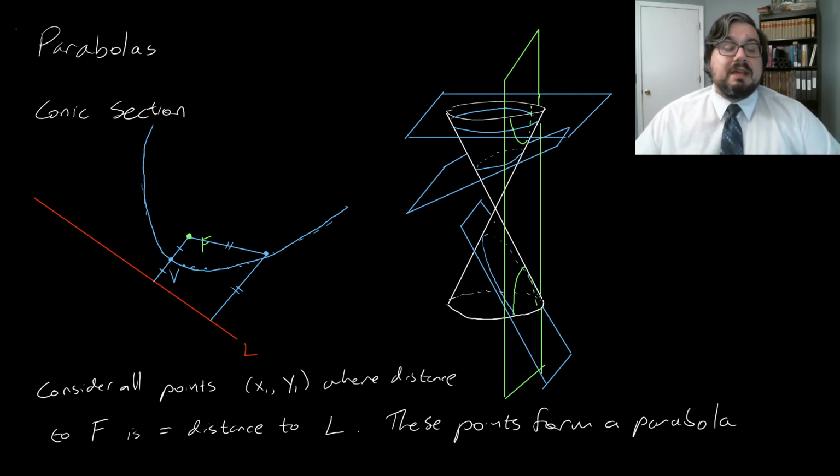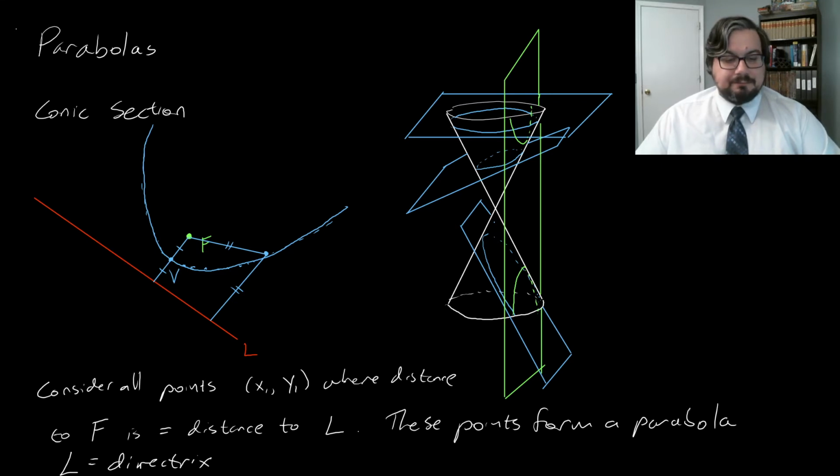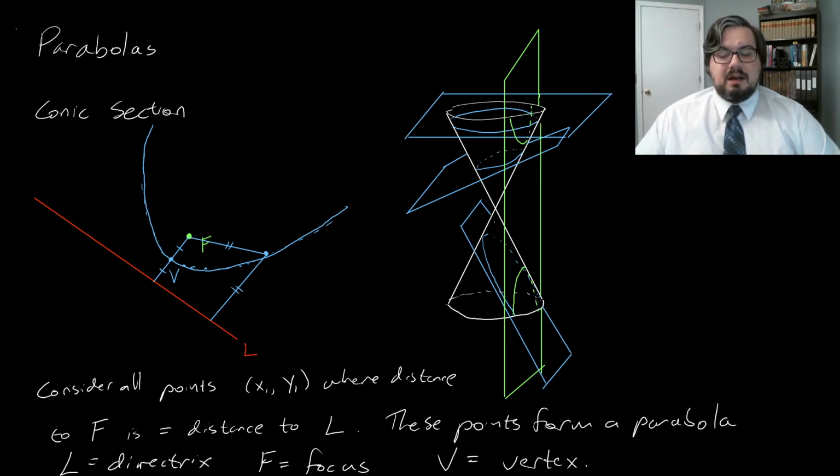And we have special names that we give to the line L in this figure, the point F and the point V. So L is called the directrix of the parabola. F is called the focus of the parabola, and V is called the vertex of the parabola.